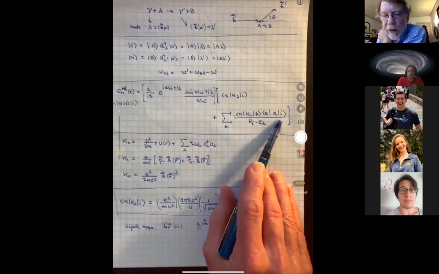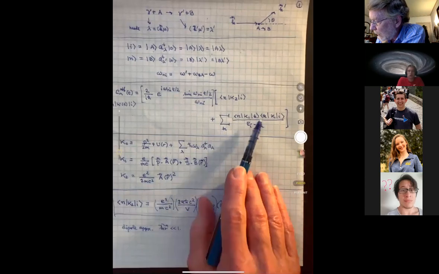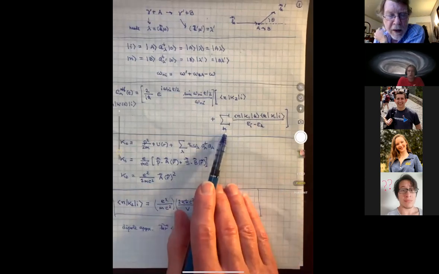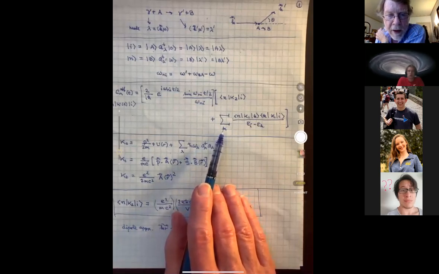Here's the initial state if we start from the lowest time. And then there's K1, and then there's a sum over intermediate states. The sum over intermediate states came from a resolution of the identity. So technically, or in principle, this involves a sum over all the states of both the matter and the electromagnetic field, including all possible states of all numbers of photons going from 0 out to infinity. However, most of those don't contribute.